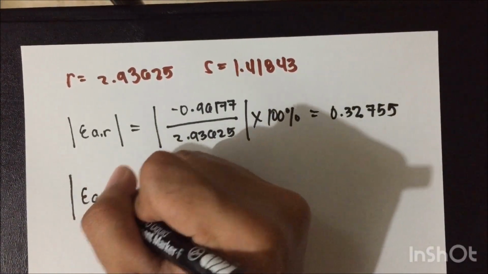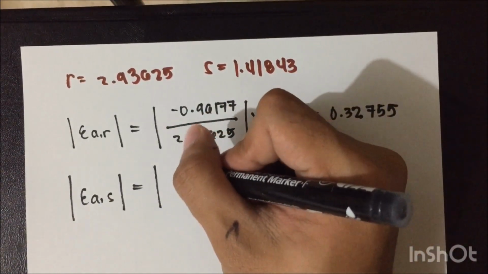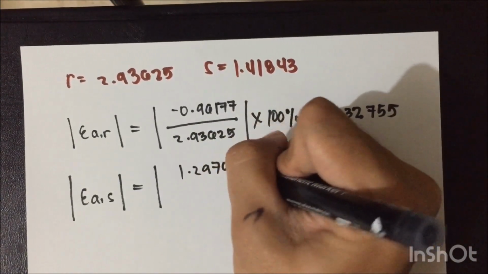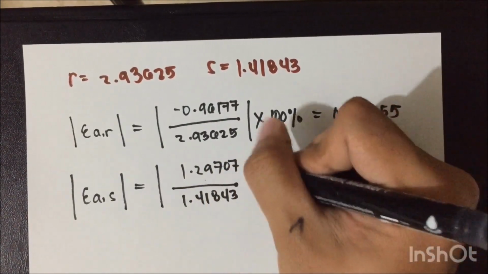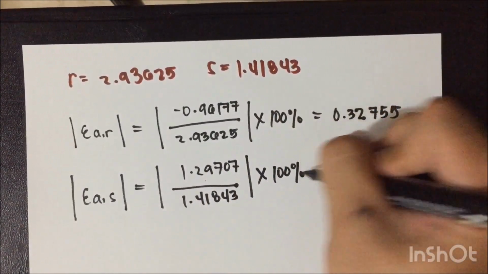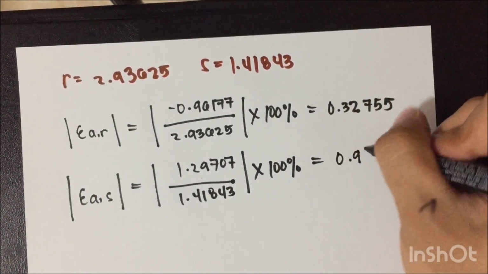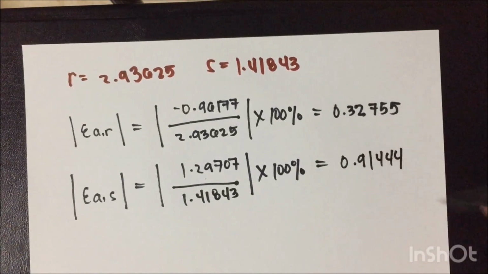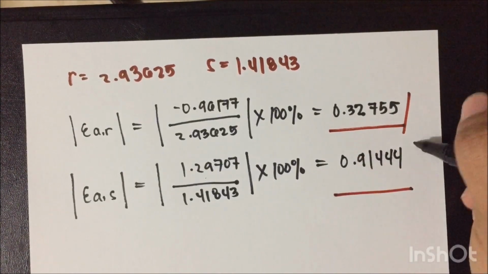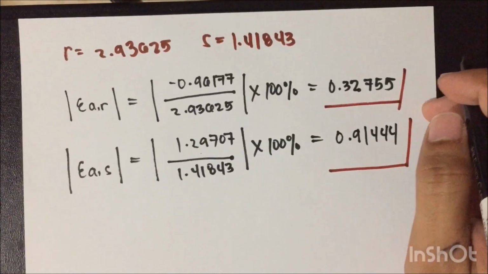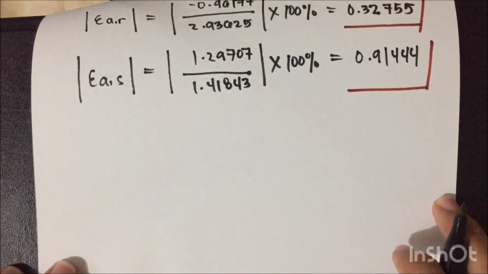And para sa ating S, absolute value ng ating delta S, which is 1.29707 over panibagong value na S, which is 1.41843 times 100%, which equals to 0.91444. So, ayun guys, di pa rin natin na-reach yung stopping criteria natin. So, we will proceed sa step 2 to step 6. Ulit-ulitin natin hanggang sa marating natin yung ating stopping criterion.